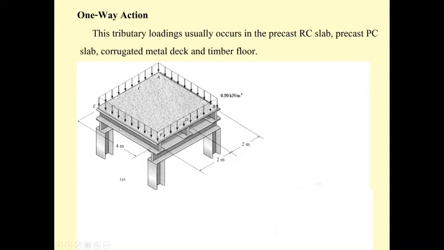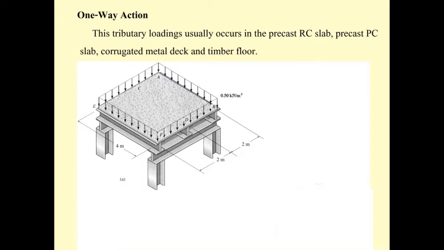This small beam is used to support the slab. The slab can be a concrete slab or timber floor. It depends. Let's say the slab has a weight of 0.5 kilonewton per square meter.